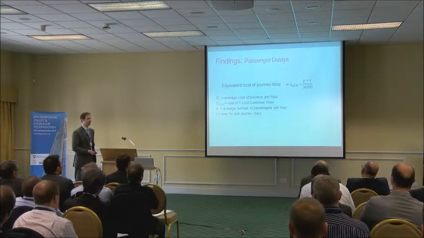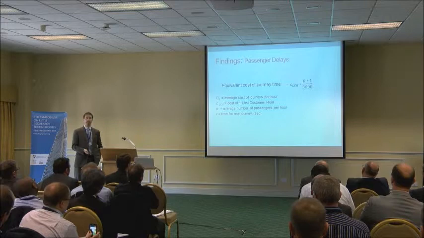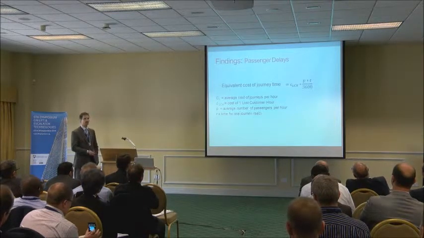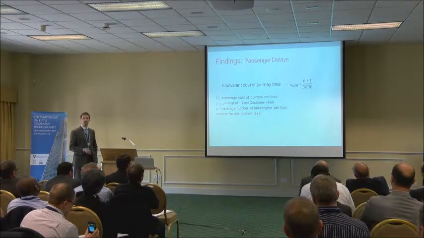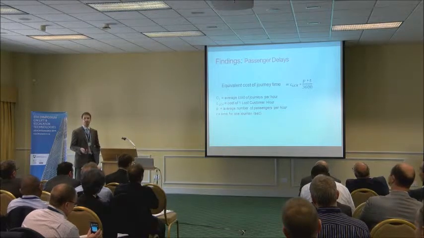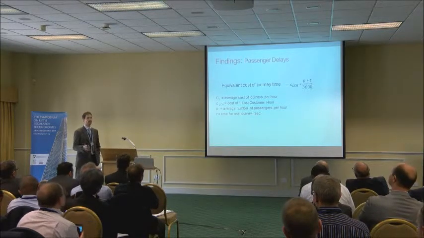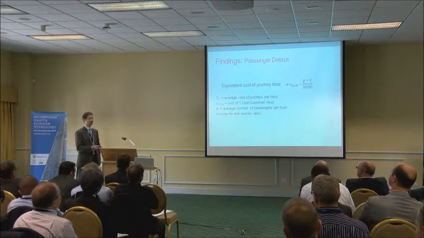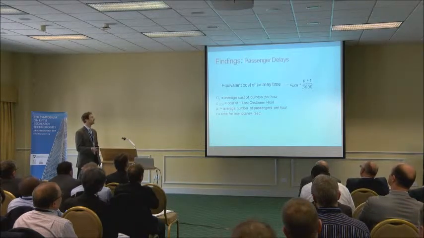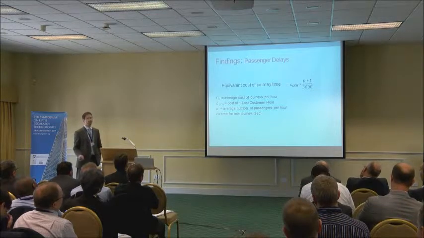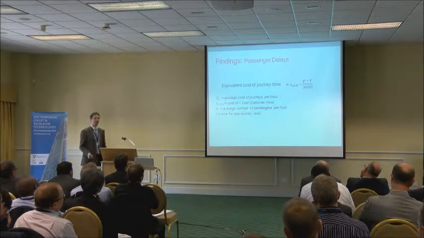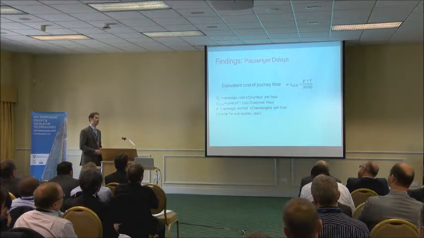Passenger delays, these are quantified based on a figure called lost customer hour. This is used by London Underground to justify cost spending in order to save on journey time and reduce delays. So this is a way of actually putting a financial figure on your delays. So it's not real money, but it's what London Underground use in business cases.